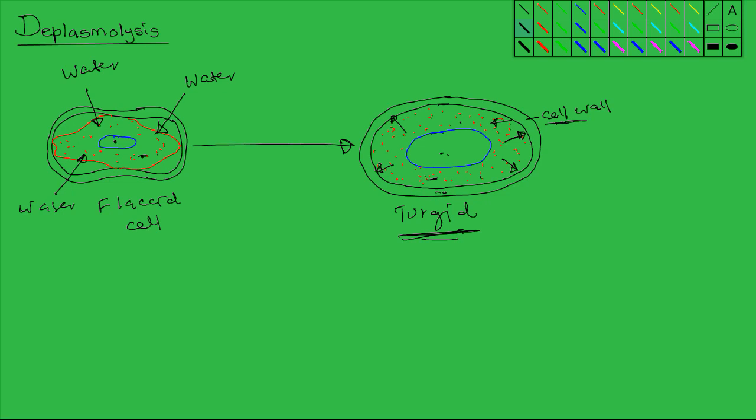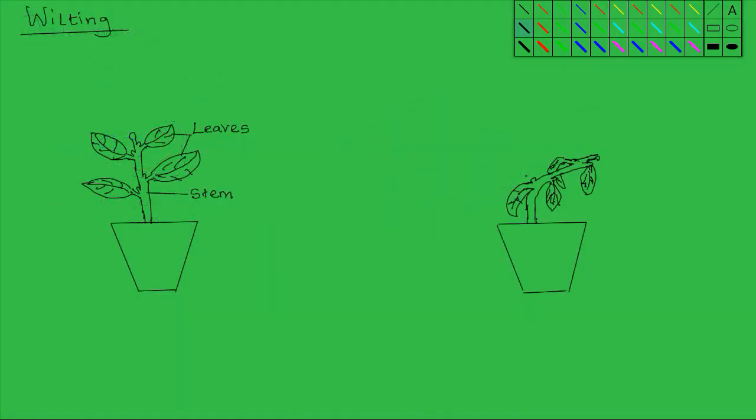This occurs in herbaceous plants such as the one drawn in this diagram here, a potted plant. When it is exposed to hot and dry weather, it loses a lot more water than it can replace through absorption in the roots. Now, when plant cells are turgid, they provide support to the tissues. Like in this first instance, the leaves are well spread out, the stem is upright because of the turgidity of the plant cells.